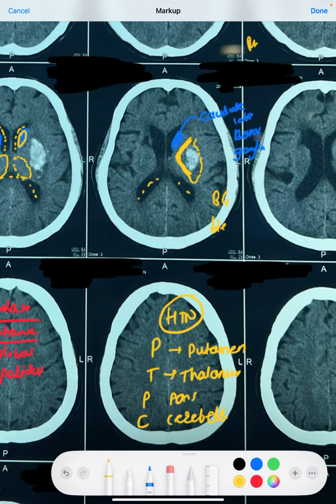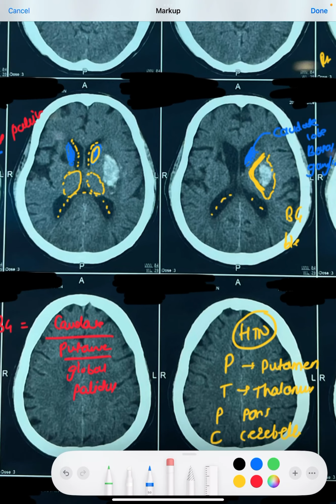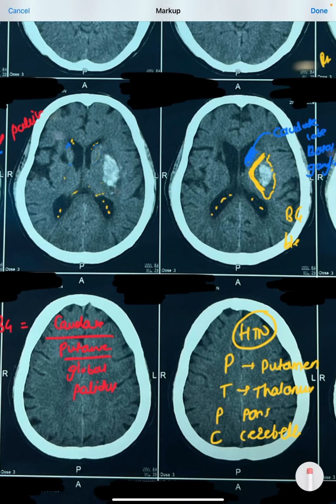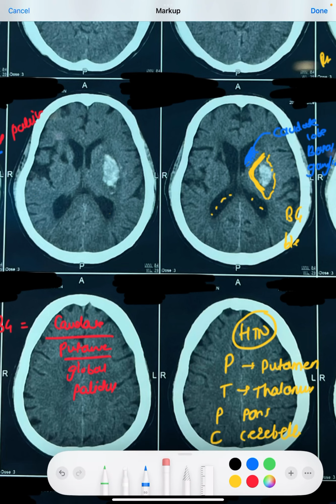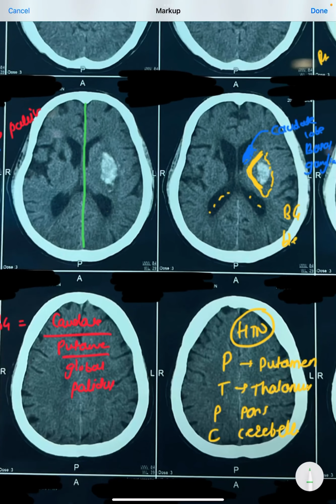There is one more thing I need to show in this imaging: there is not only a bleed, it is causing pressure effects nearby. There is no significant midline shift; the midline appears almost in the center. But compare the ventricles.